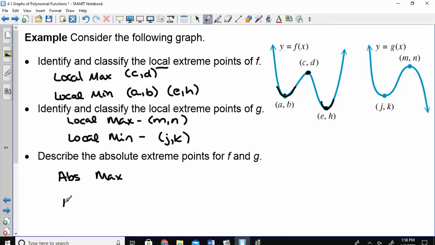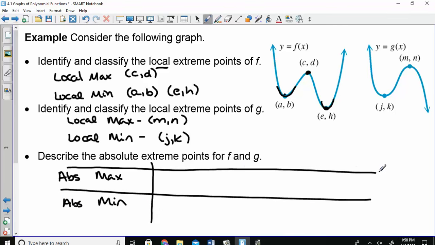Now I want the absolute. Do I have a point that is the highest point on the graph where nothing else is above it? They keep going up forever, so there is none.